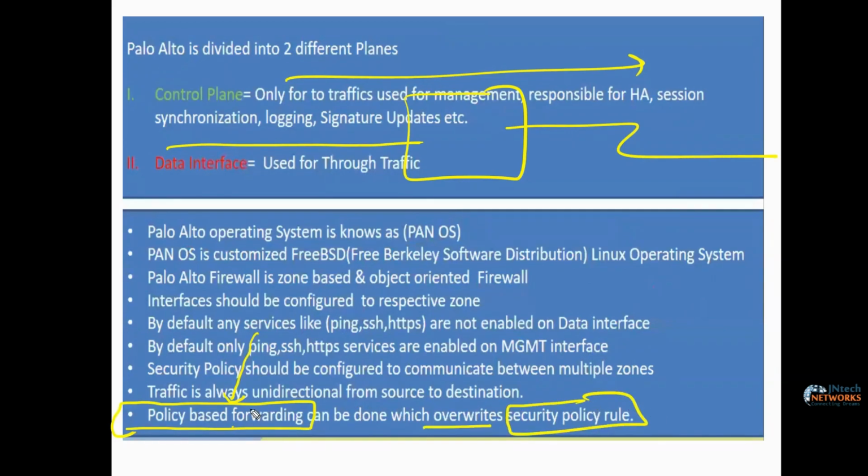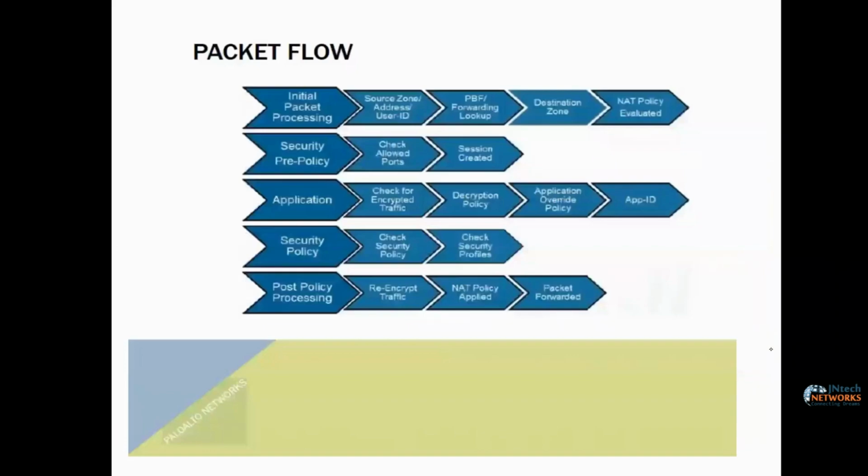But the point is, if any entry is available in policy-based forwarding, it's not going to check your security policy rule. It will check policy-based forwarding and can allow the traffic. It's not going to check any traffic information in the security policy. Give me some time. Okay, so now we need to talk about packet flow.